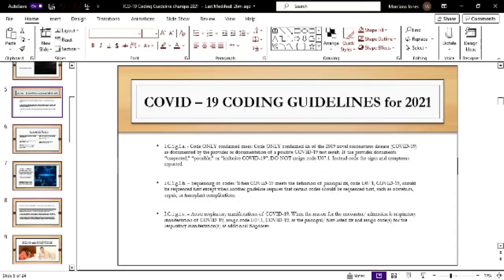So I'll say that again as well. When the reason for the encounter is respiratory manifestations of COVID, you're going to assign the COVID code as the principal or the first listed diagnosis, and then assign codes for the respiratory manifestation as additional diagnosis.